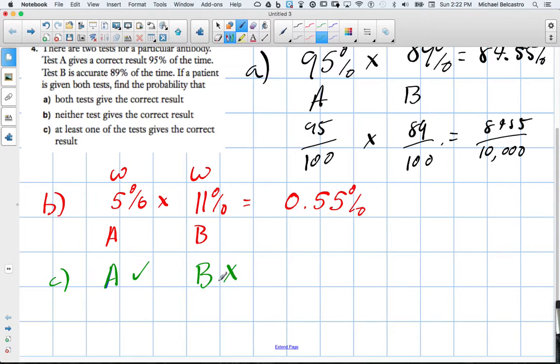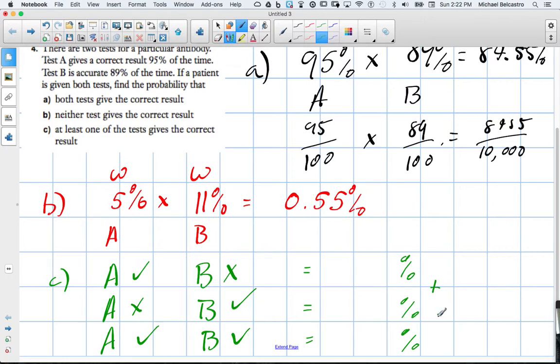That would be at least 1. Test A is incorrect, but B is. Or both test A and B are correct. So there's 3 different options. In other words, spelling out 3 different percentages to work with, and then we would just add them all together. This is one route, but this is actually the longer route. It tends to be the more logical route, but it is the longer route.